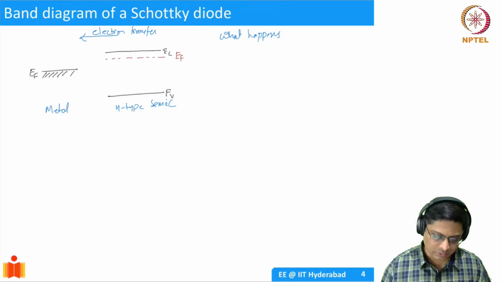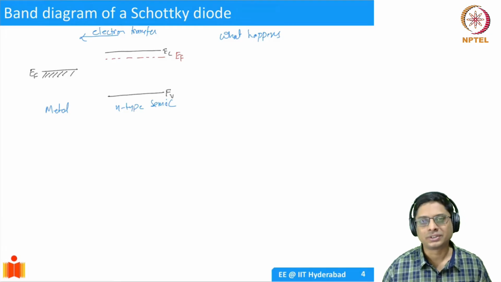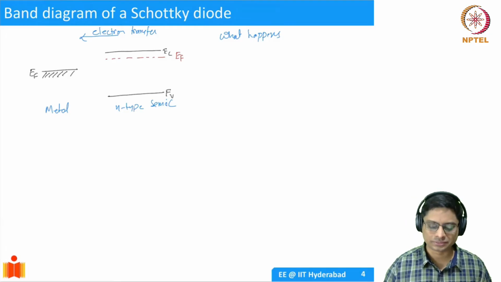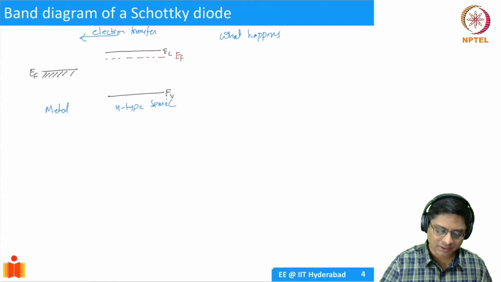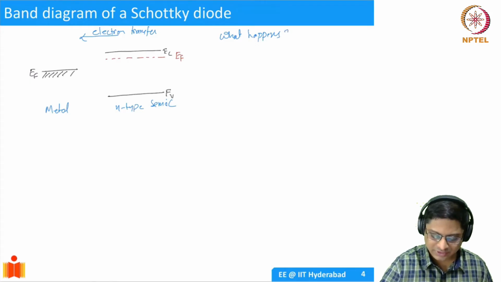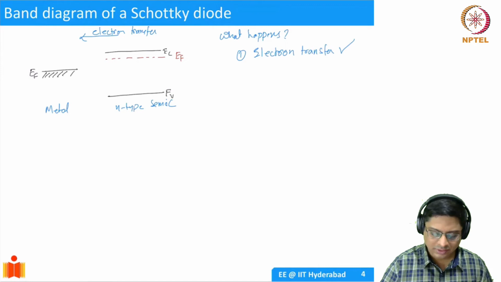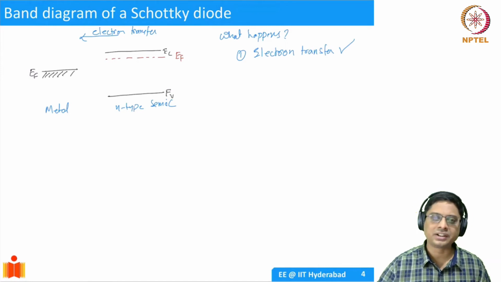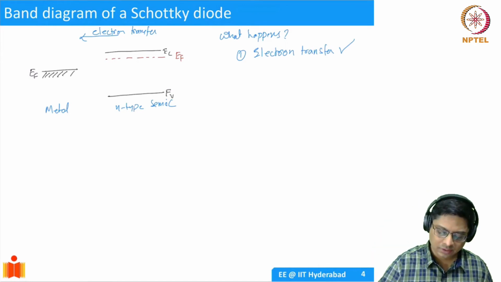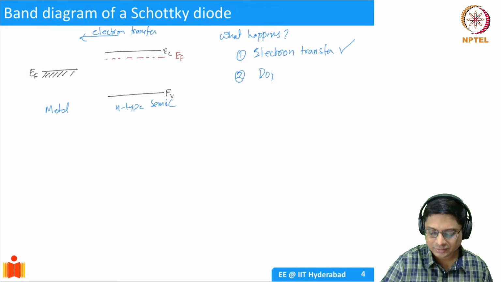Okay. So will there be any transfer of dopants? Because after all, we're taking a semiconductor, right? You have lots of electrons. And we say that, okay, fine, there is going to be electron transfer. That is the first thing that we'll accept. Electron transfer from semiconductor to the metal, because the semiconductor's Fermi level is higher. Will there be dopant transfer?